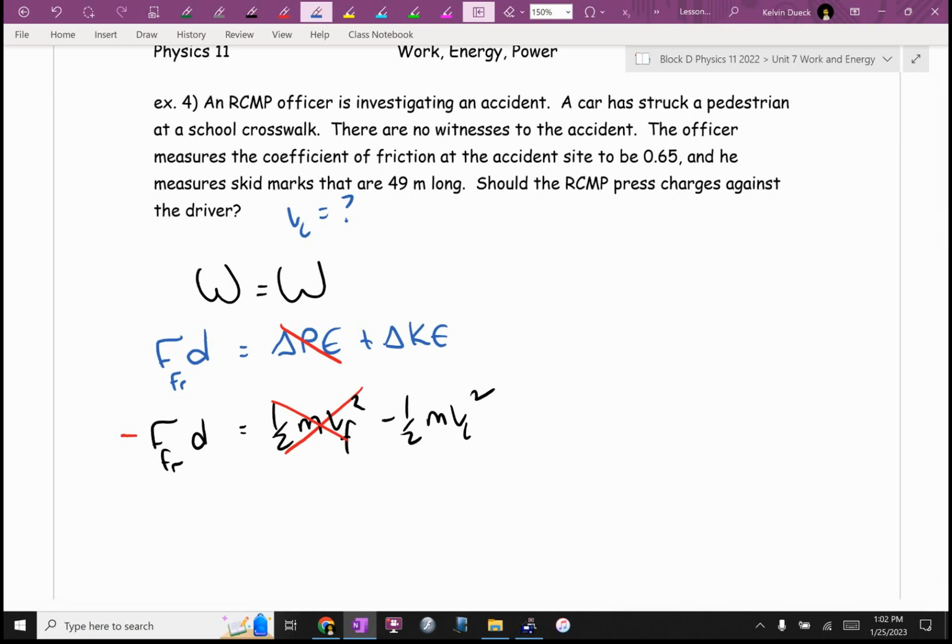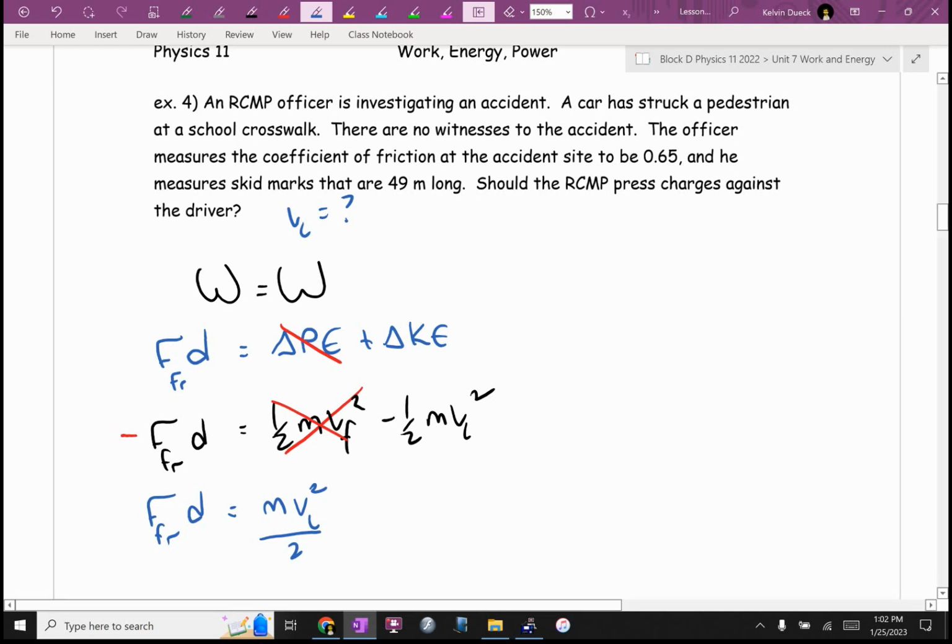We're going to write this: friction times distance equals m v i squared over 2. I didn't bother writing the 1 part of the 1/2. I just put the 2 on the bottom because that looks prettier. Colton, do you remember what we are trying to find? Okay, let's come back to that.